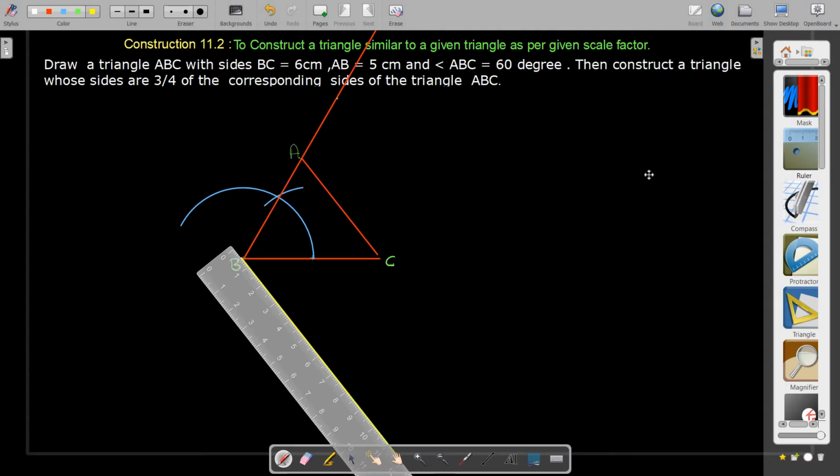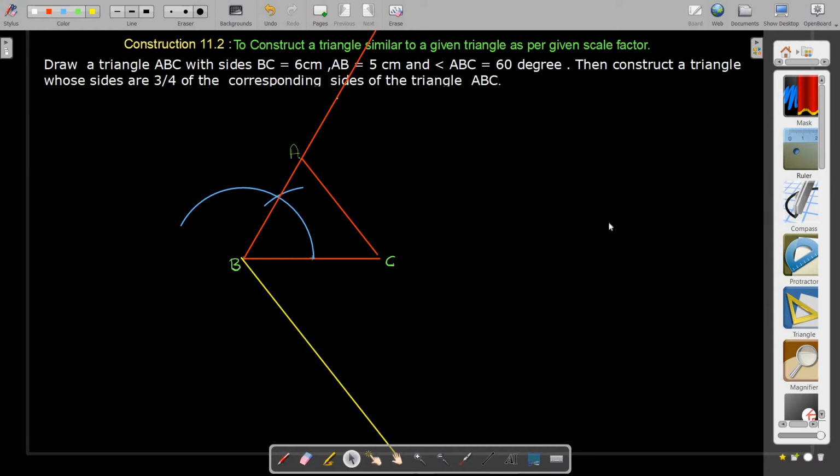The point should have touched C. And let us call the name of this acute ray the BX ray.